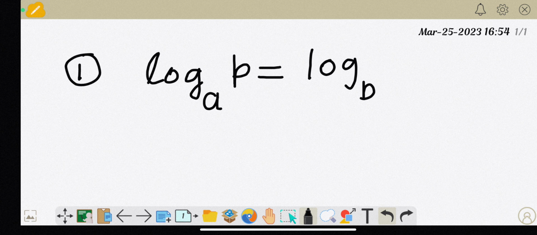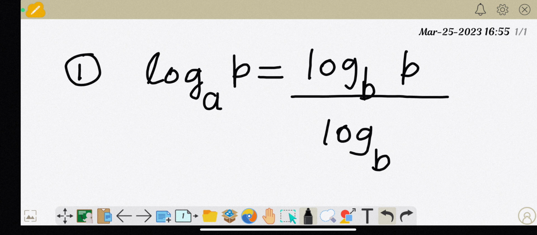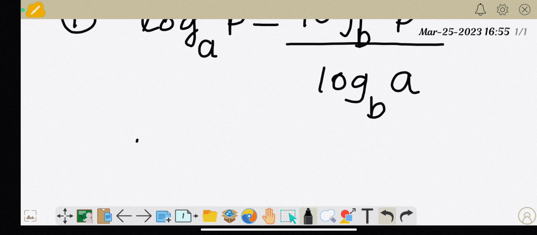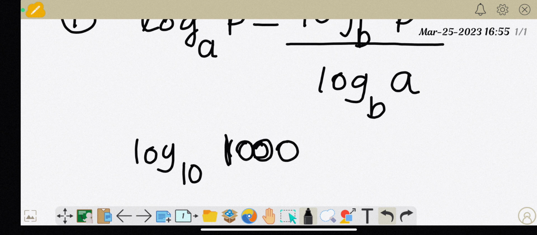So log base a of p can be written as a log to the base of some other number in this form. For example, log base 10 of some known number, let it be 10 to the power 3.